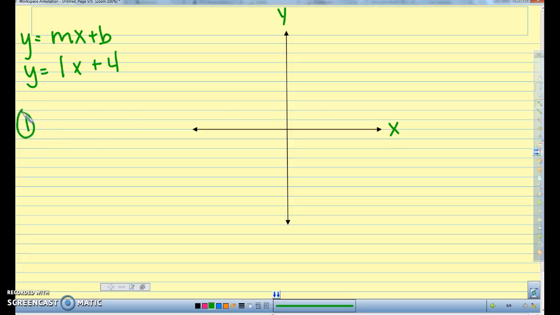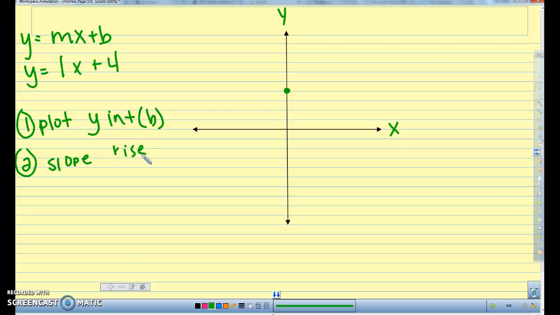So my first step is going to be to plot the y-intercept. So my y-intercept, or the b, is 4, so I'm going to go up 1, 2, 3, 4 on my graph, and I'm going to stick my point there. And that's my y-intercept. Then I know that slope is rise over run.